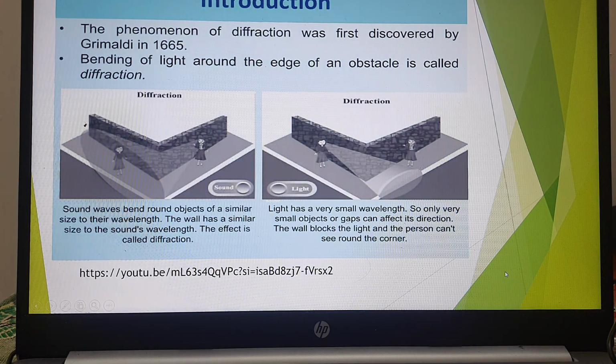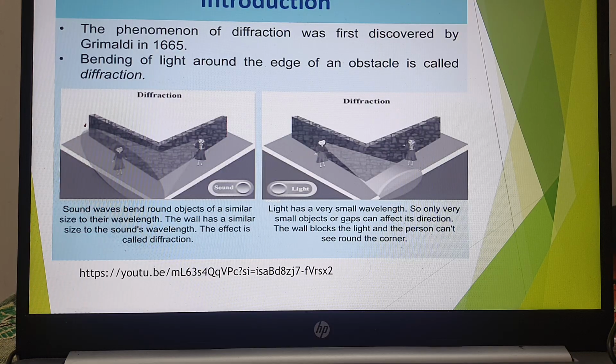The phenomenon of diffraction was first discovered by Grimaldi in 1665. Who is that? Grimaldi.